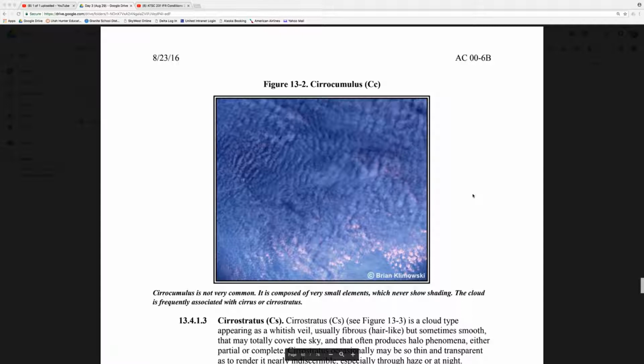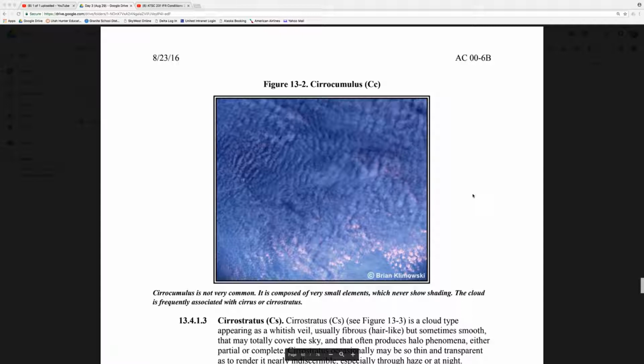Now remember, we're taking cirro, which means higher altitude, and we're taking cumulus. And when I said cumulus, you remember how I was talking about how it's a sign of bumpy air. You got convection in those clouds that's causing the air to be bumpy.